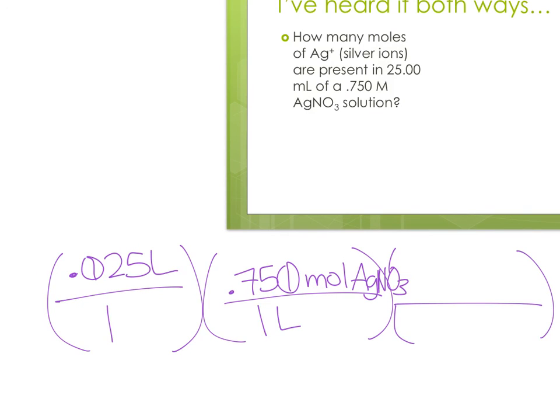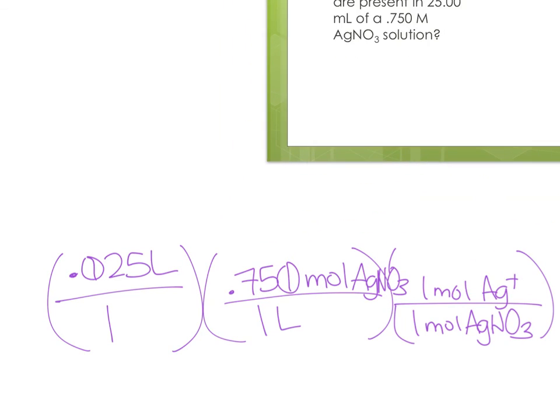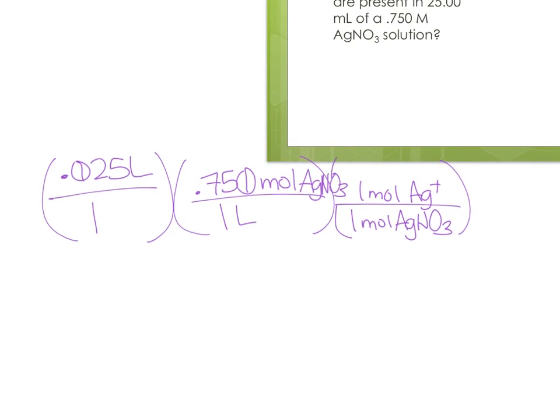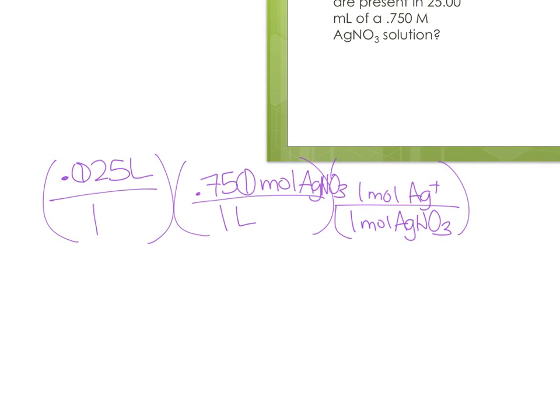And if I'm just looking for silver ions, I know that 1 mole AgNO3 has 1 mole Ag+ ions. So do you see how we took that and used that as our conversion factor? We've put together the definition of molarity, used that for a conversion factor, our old school dimensional analysis, and the concentration of ions in solution.